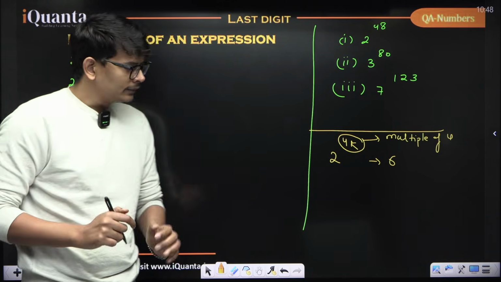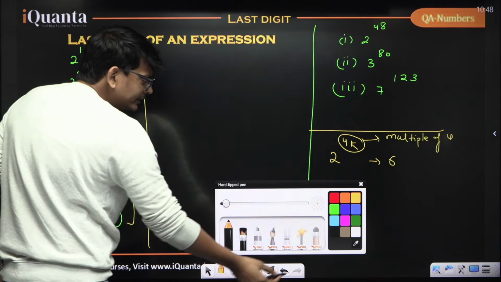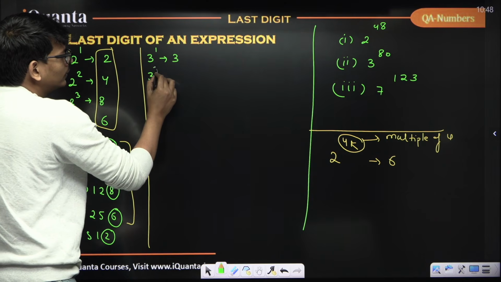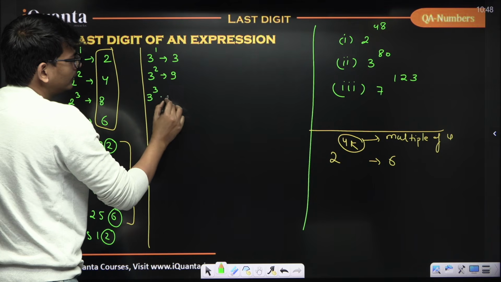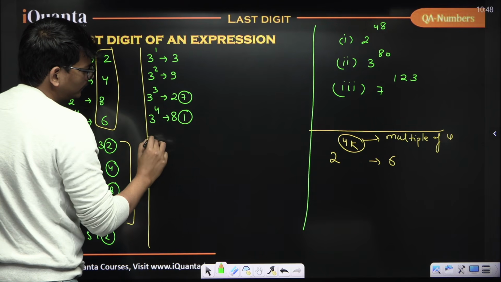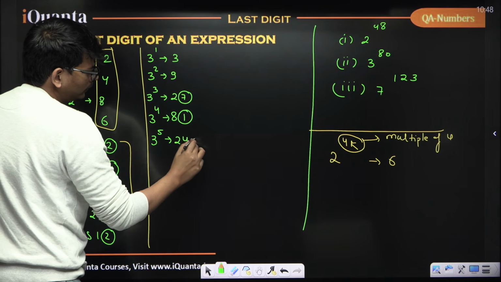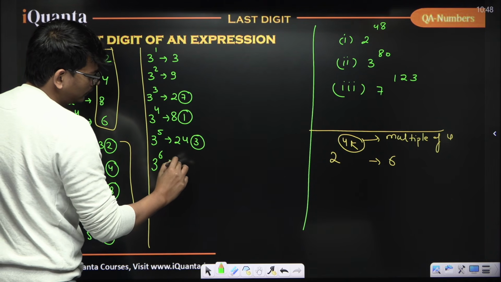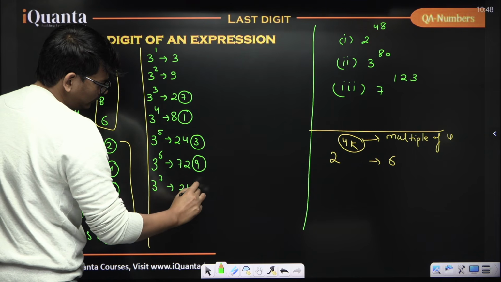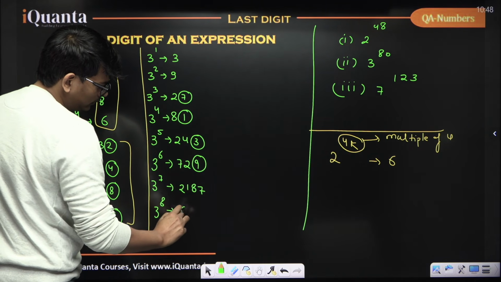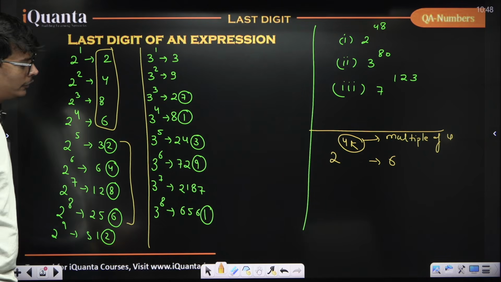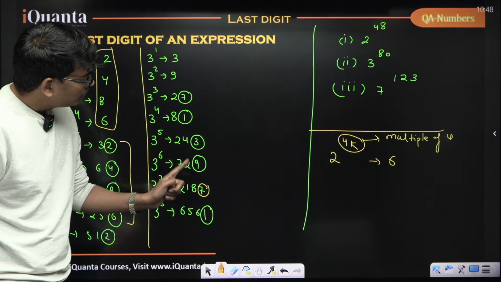as 6, right? Next, similarly, if I try to find out the cyclicity of 3, pattern of 3, okay, you can see 3, 9, 7, 1, 3, 9, 7, 1.